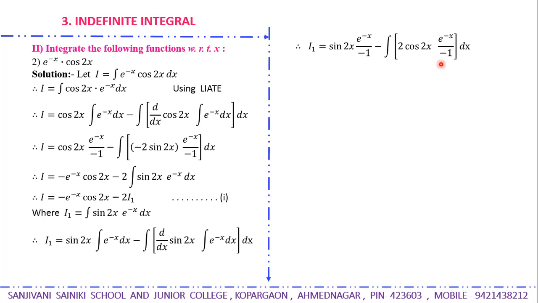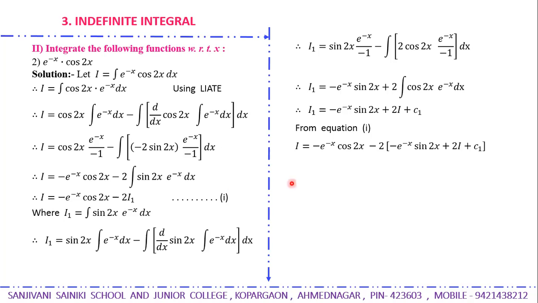So here you will get the integral of cos 2x e raised to minus x dx. This is our original integral. So for this integral I will put I, plus C1. Now using this I1 in equation number 1, we get this equation.